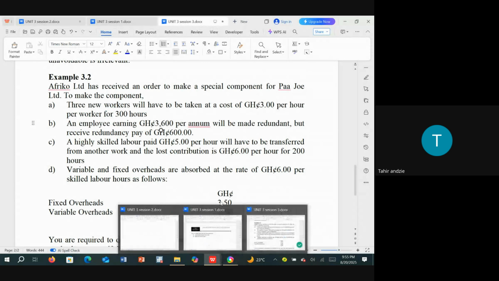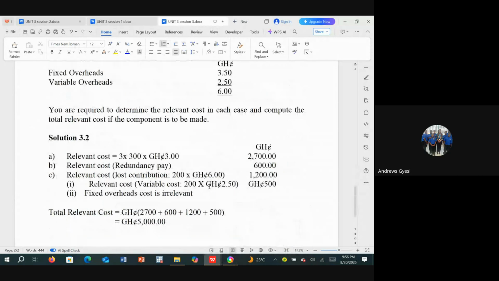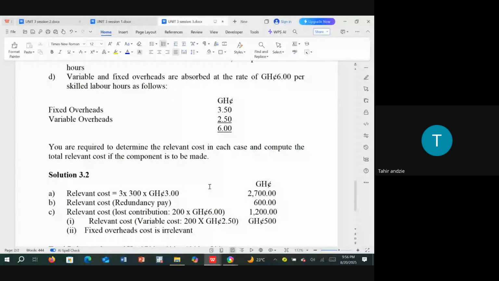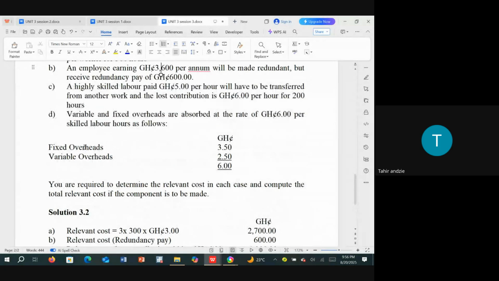All right. So now for the skilled labor, for the overheads, fixed overhead, unless the question tells you that the fixed overhead is avoidable. If the question does not tell you the fixed overhead is avoidable, assume that that is irrelevant.